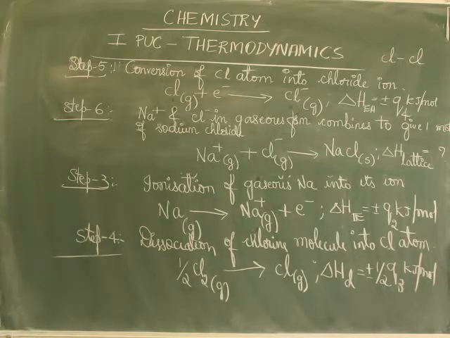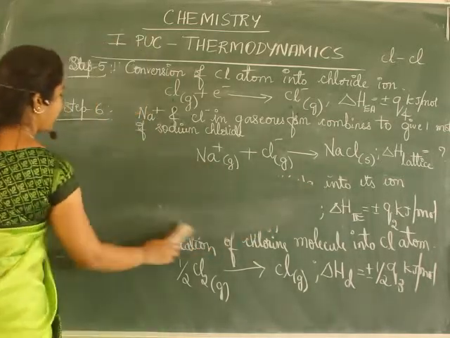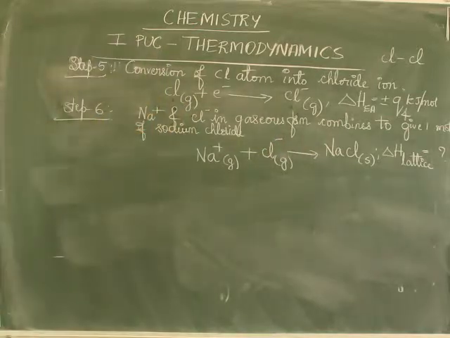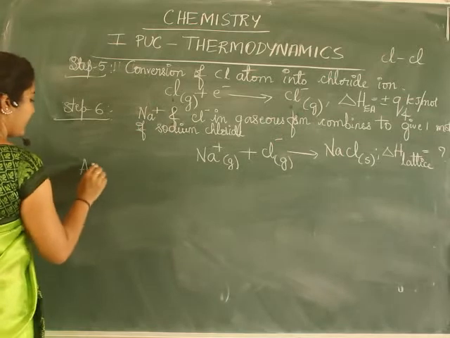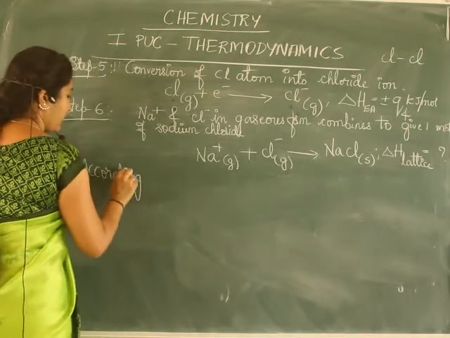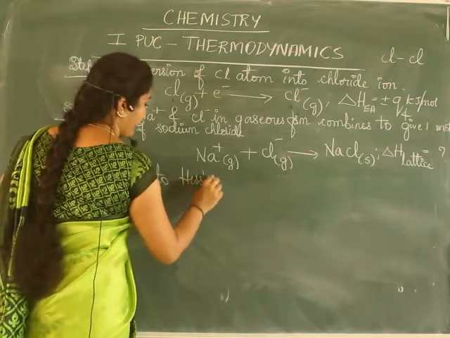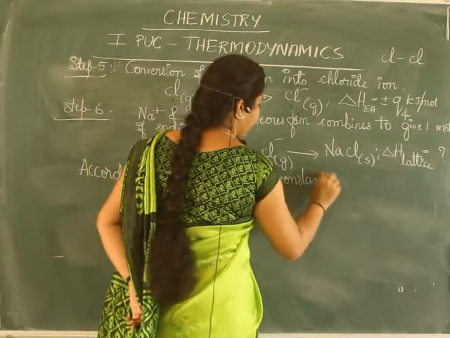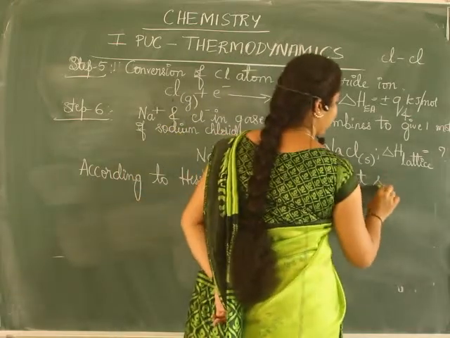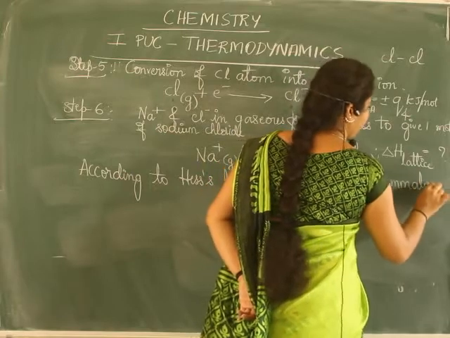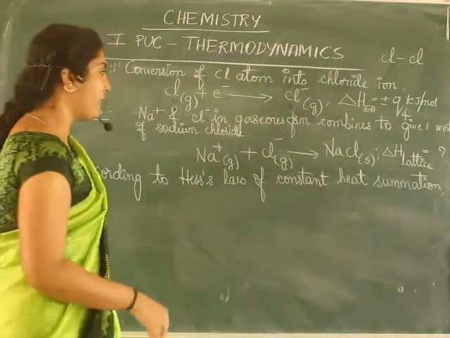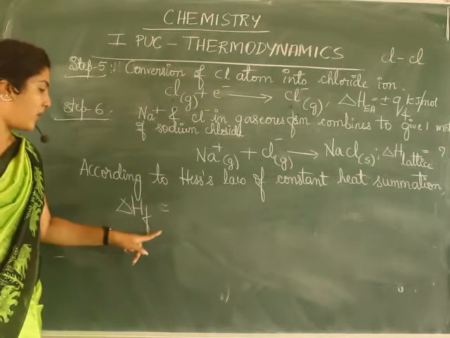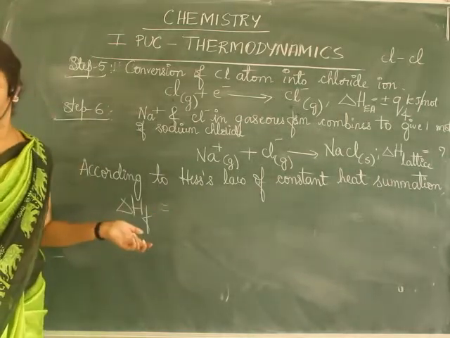After writing this, you have to write, now using Hess's law of constant heat summation, we apply delta H of formation, that is the main step, which is equal to the sum of the standard enthalpies of the other steps.